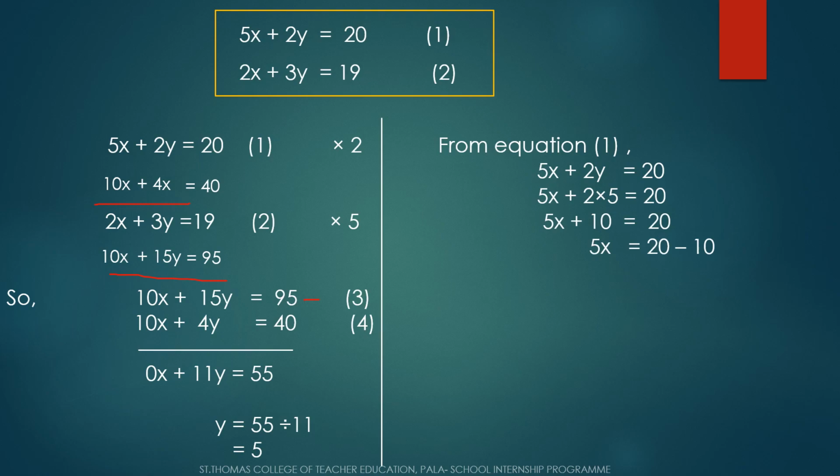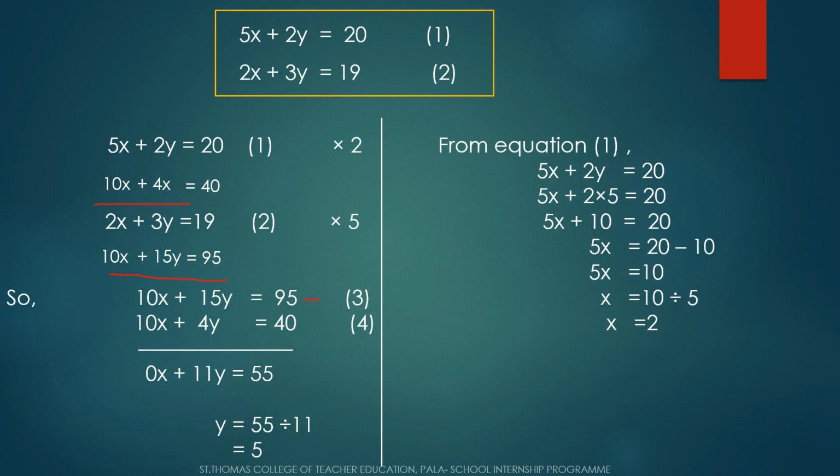Good. Then what is the next step? 5x equal to 20 minus 10. Good. Then what is 20 minus 10? It's 10. Good. So 5x equal to 10, isn't it? What will be x? x will be 10 divided by 5. So we get 2, isn't it? So we got the value of y as 5 and x as 2.